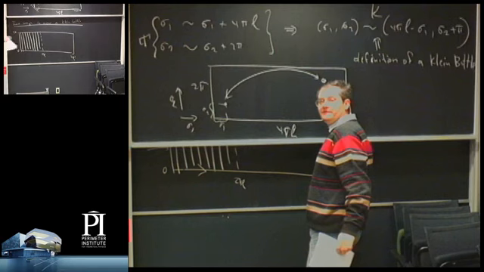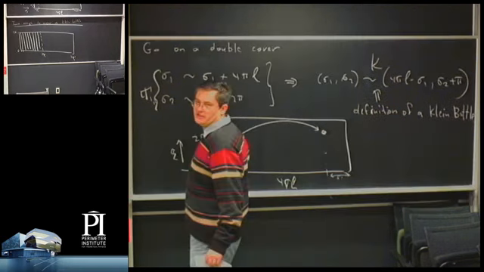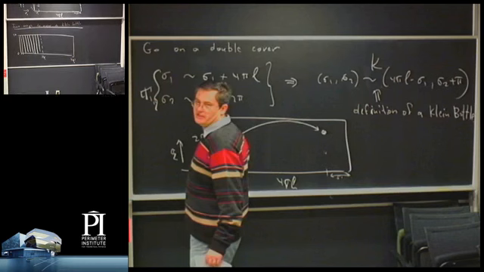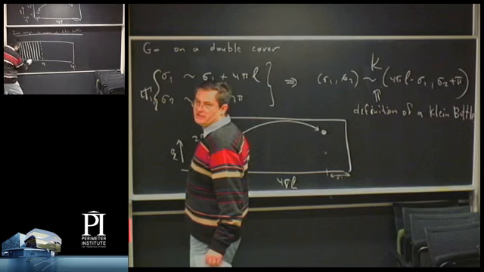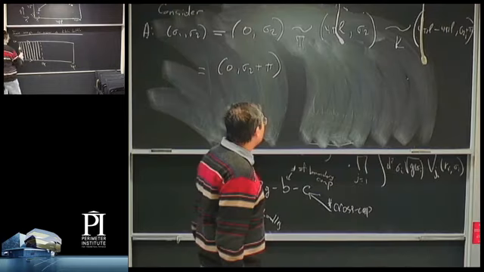First of all, we still have this toroidal identification. Sigma 2 is identified with sigma 2 plus 2 pi. So this tells me that I have to identify these edges, right? Because every point here has sigma 2 equals 0, I have to identify up here.